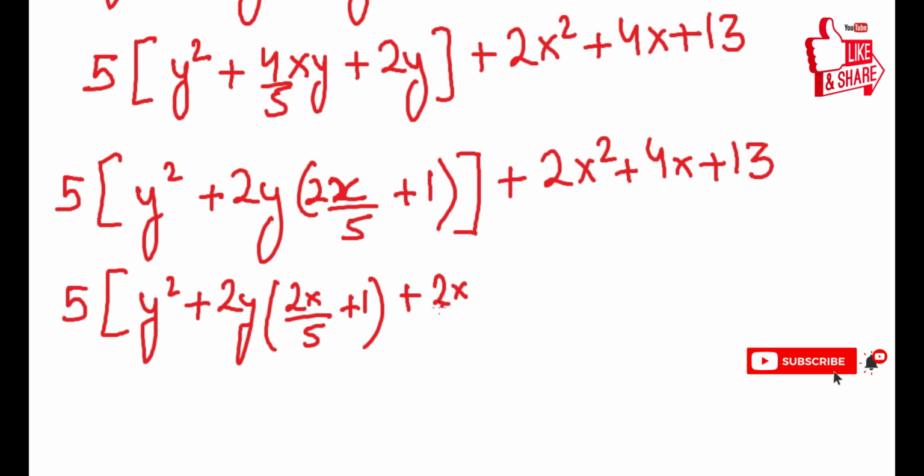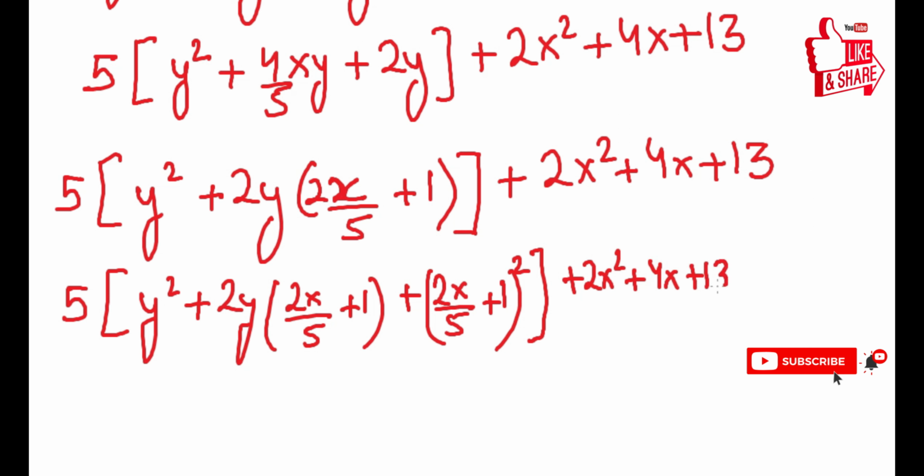So 2x by 5 plus 1 whole square needs to be added to make it a whole square. This part 2x square plus 4x plus 13 remains the same, and since we have added it, we have to subtract it also, but 5 is outside the bracket, so 5 times 2x by 5 plus 1 whole square. This is what we are going to do here.